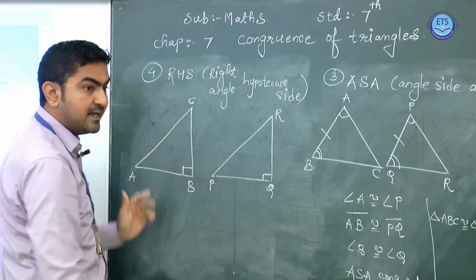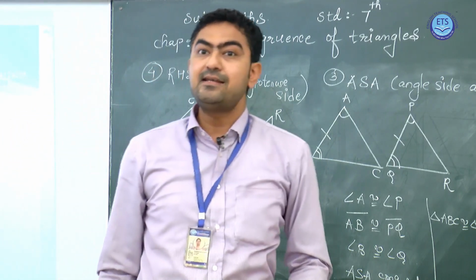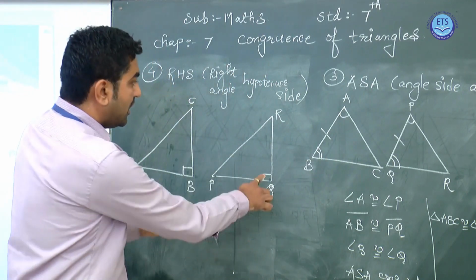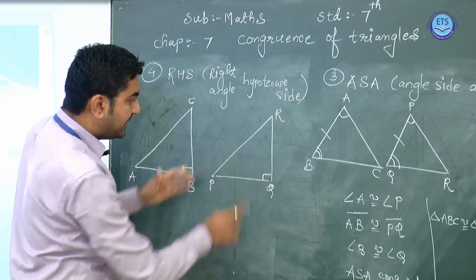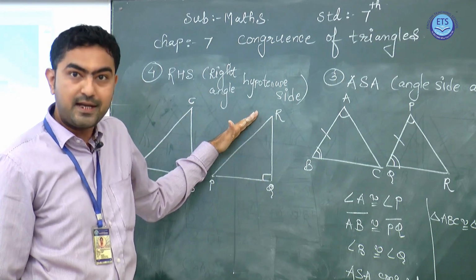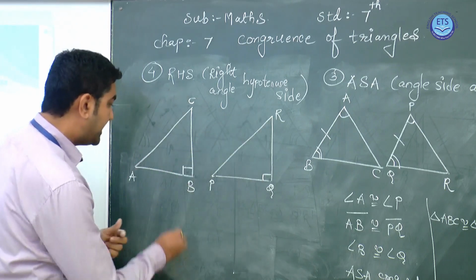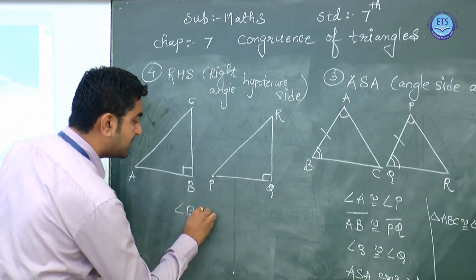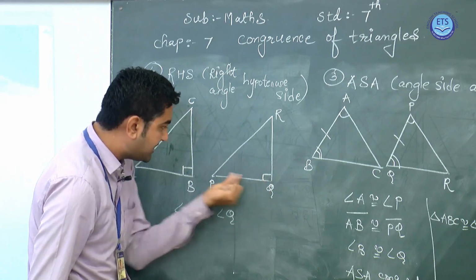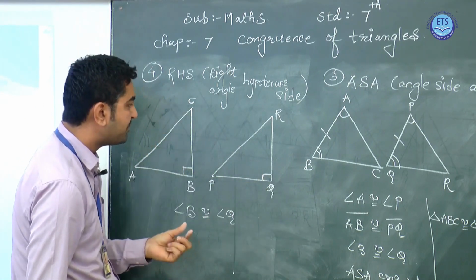Opposite of 90 degrees is always considered the hypotenuse, and in the second triangle, opposite of Q, that side is line segment PR, and that is the hypotenuse. So first, right angle: angle B is congruent to angle Q. They have the same measure, 90 degrees.